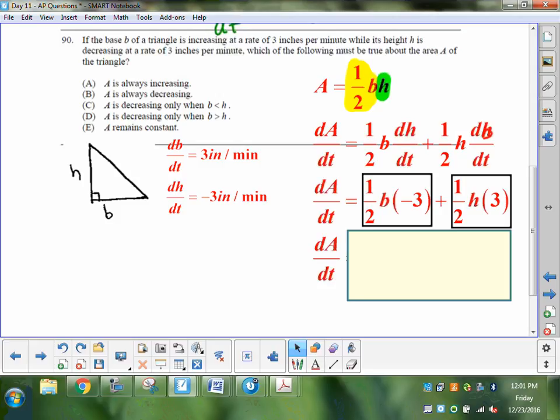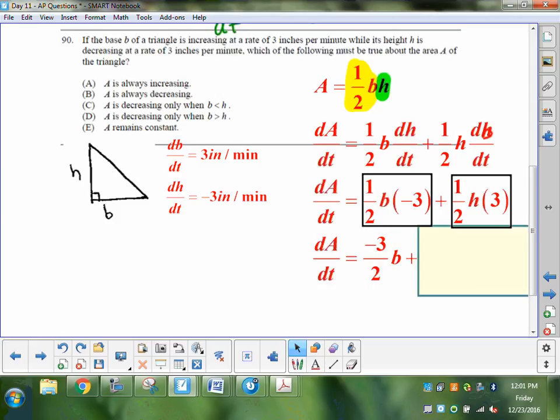We would never say -1.5. What would we say instead of -1.5? Times? Okay. Plus, what goes over here? So now, this expression right here represents what the change in the area is at any given time.